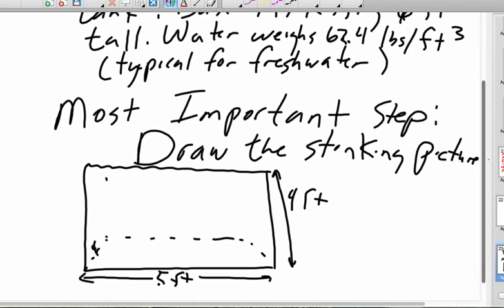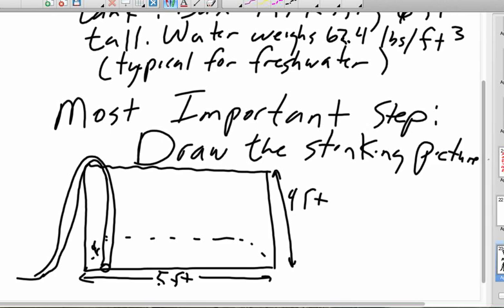So what we're doing is taking our water out and pumping it out over the top of our tank, and then it exits out at floor level.